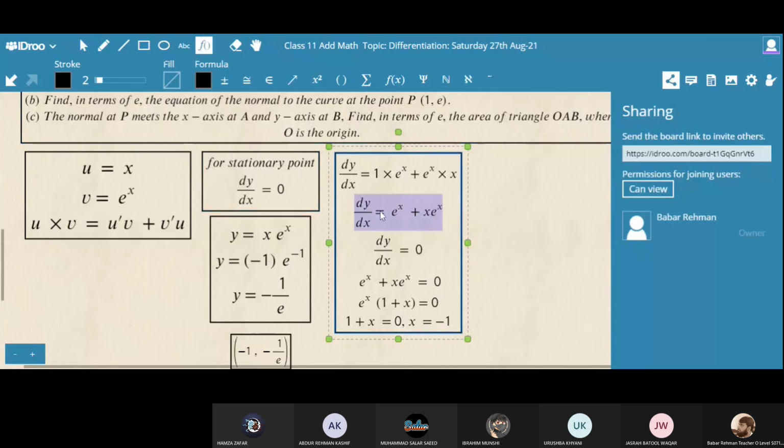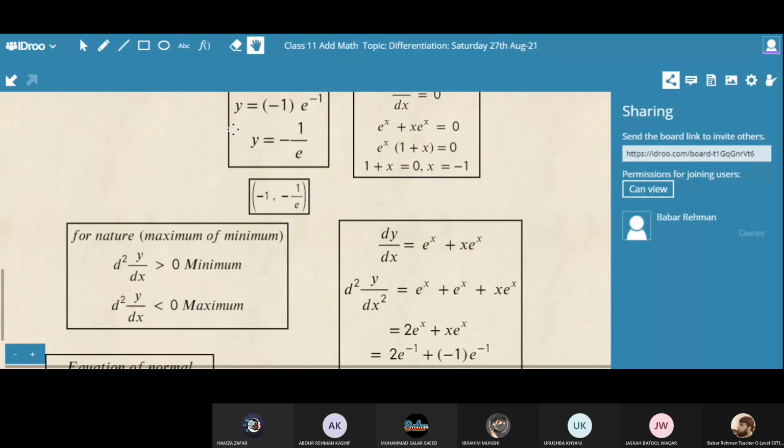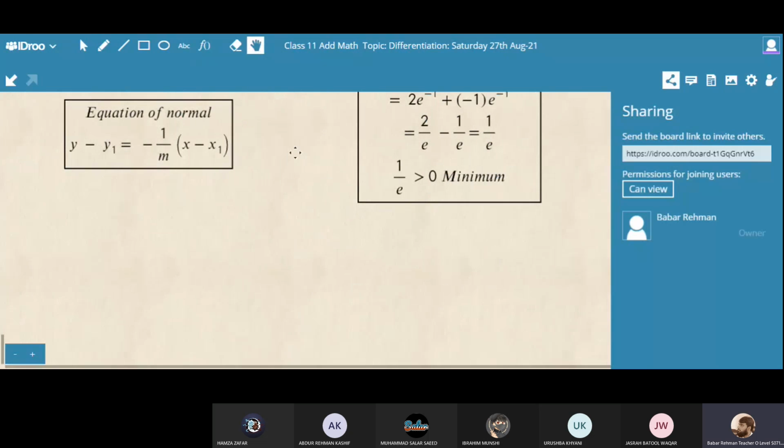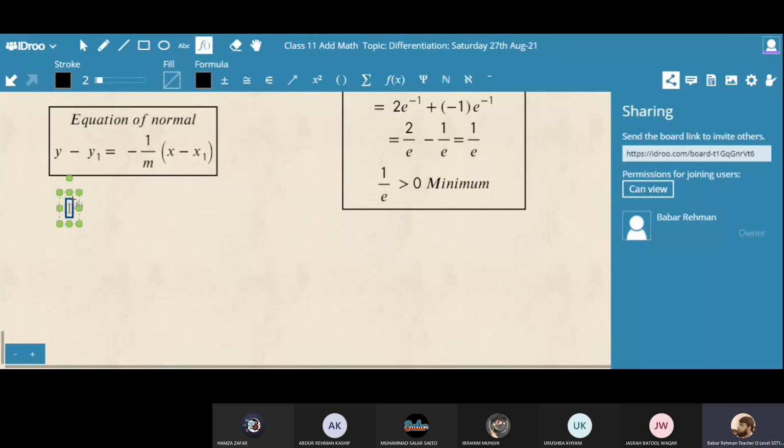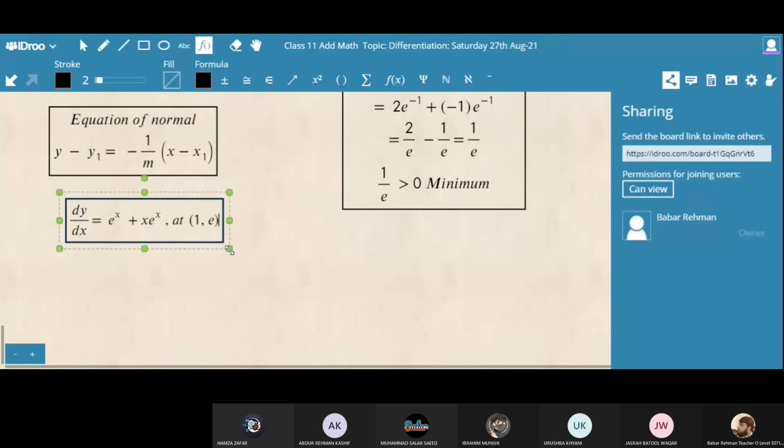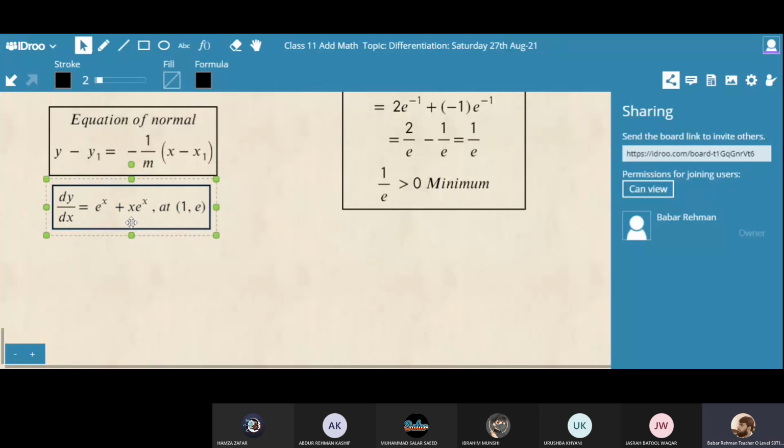Now it's up to you. You will substitute the value of x equals 1 here, and your derivative will come in terms of e.